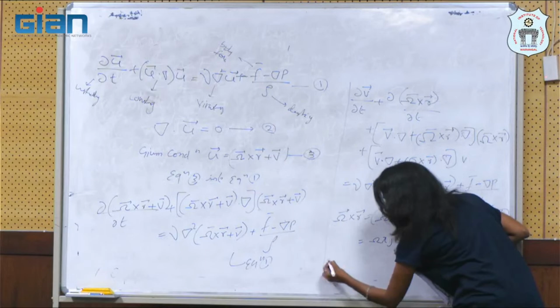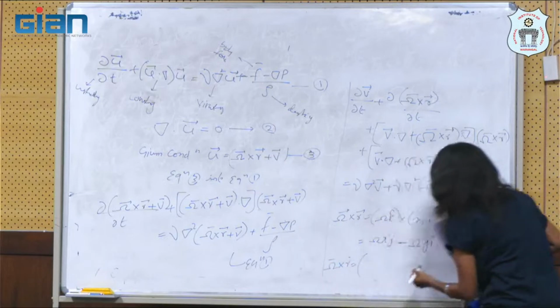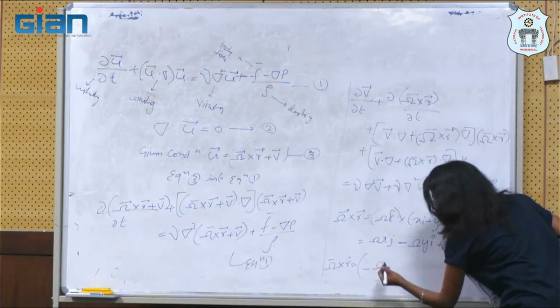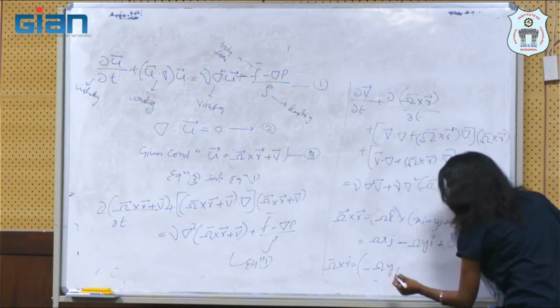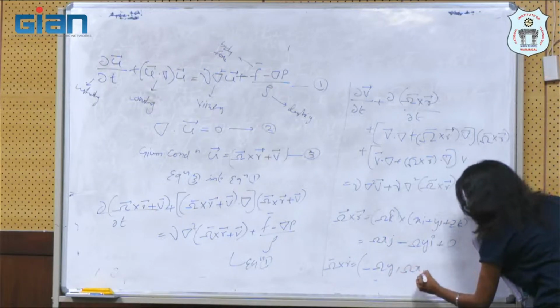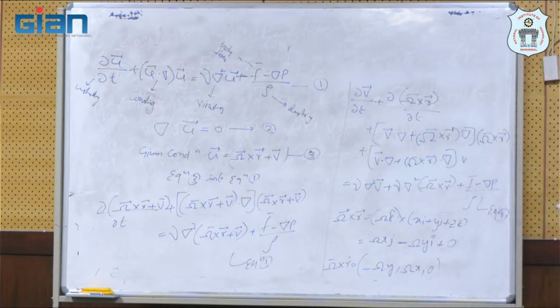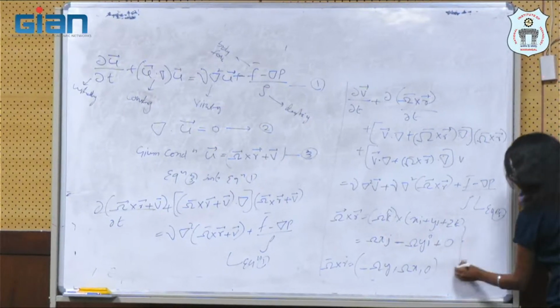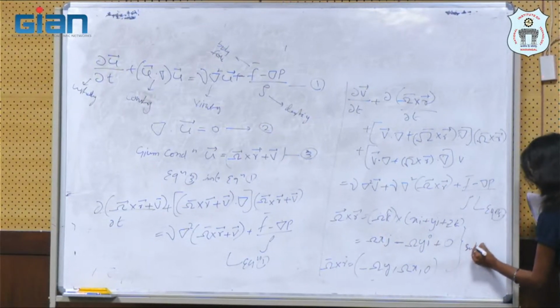Now omega cross R has i as minus omega y, j as omega x, and the k term is 0.